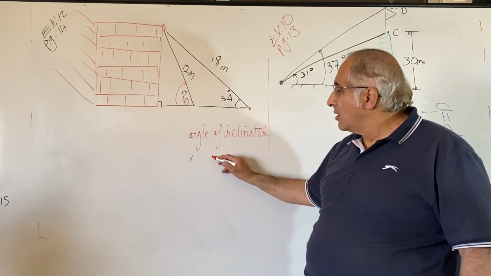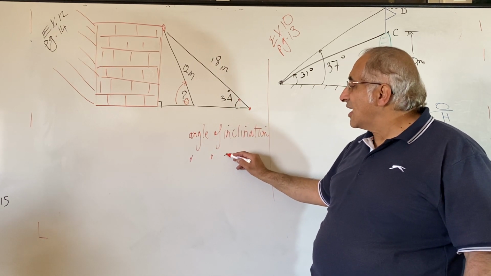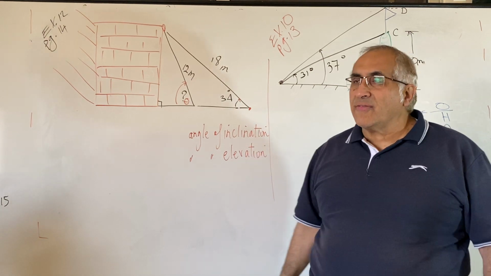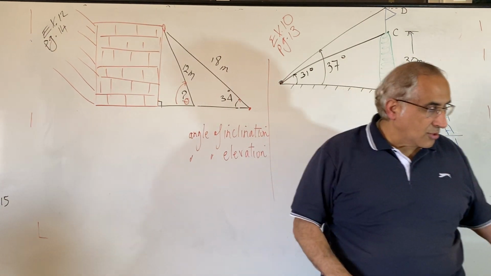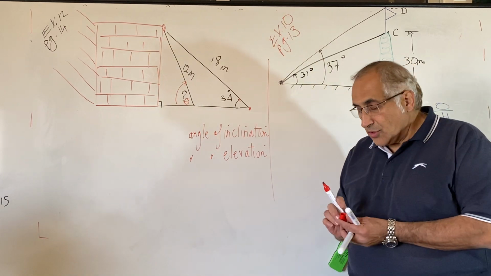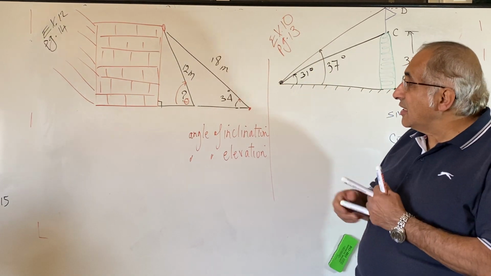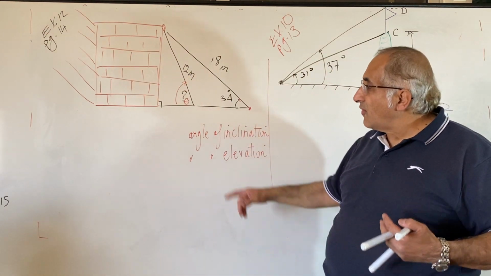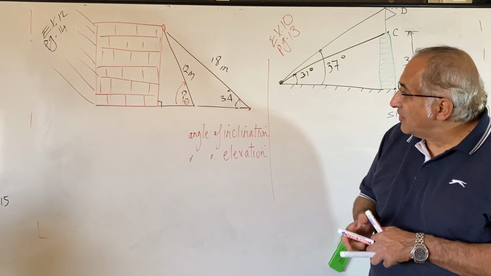Or some people give it the name angle of elevation. Angle of elevation comes from elevator. When you elevate, it goes up. So, those 2 ladders are leaning on that wall. My target is to find theta. So we have many things we can find.